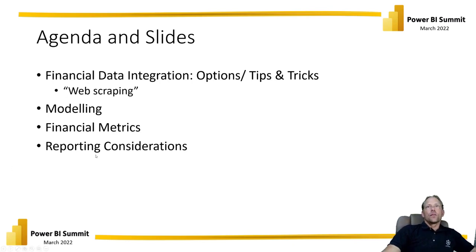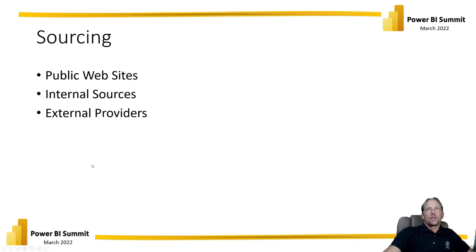So our first topic is data sourcing, and there are of course different options. We can use public websites, which I will cover in detail, so organizations that publish financial information about listed companies. You can get it from internal sources.